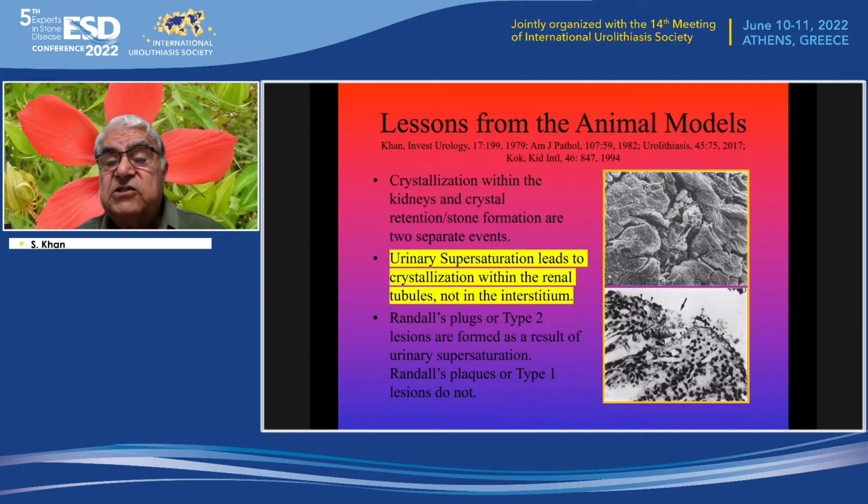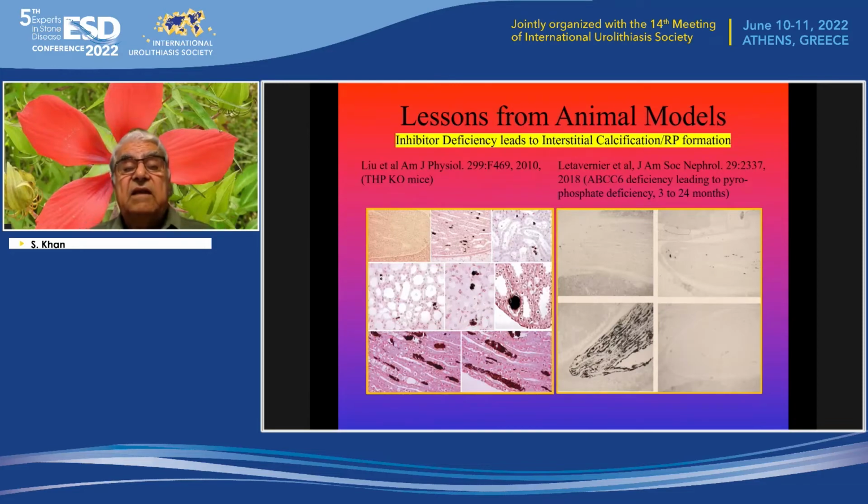And here is the distinction between type 1 and type 2. Then there are other studies in animal models where they have created genetically modified animals with osteopontin knockout, Tamm-Horsfall knockout, ABCC6 deficiency.